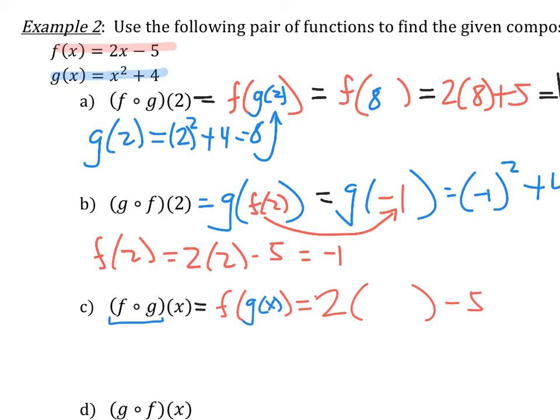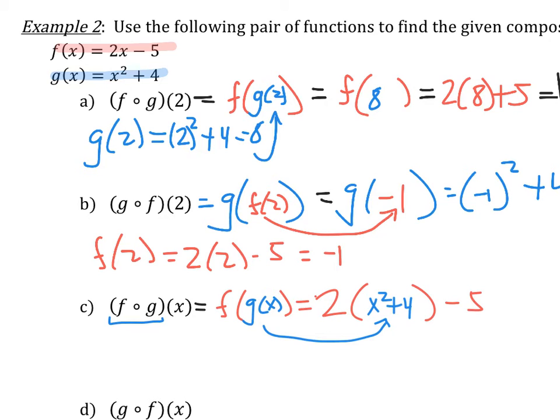Because what is going into f? Right now we're putting g into f. Well, what is g of x? g of x is equal to this. So we're going to swap out the input for g of x, which is x squared plus 4.